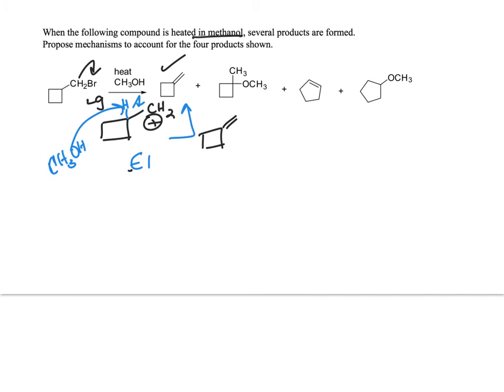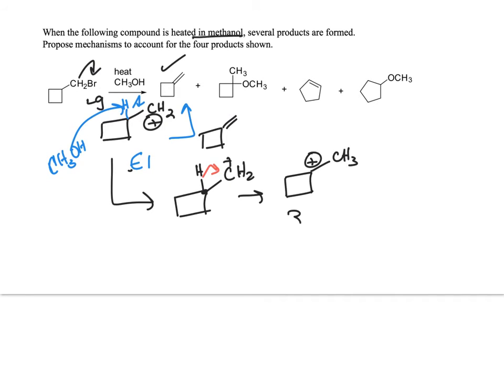The next thing that would happen is a carbocation rearrangement, because the primary is not going to be stable at all. So then you have a hydride shift, and that hydride shift would look like this, CH3. This is a tertiary carbocation.